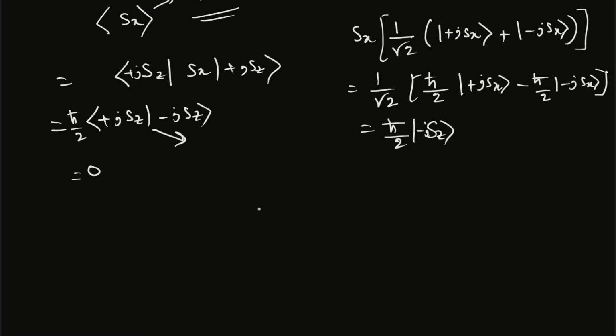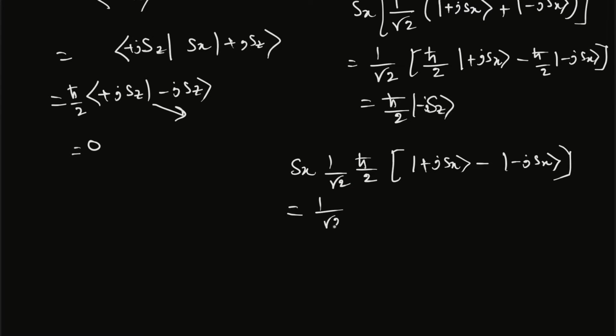Now let us calculate Sx square. If we operate Sx again on this state, we will get 1 by root 2 h cut by 2 plus Sx minus Sx. That will give 1 by root 2 h cut by 2. It will operate on this state and give h cut by 2 plus Sx. This will give minus, and minus plus h cut by 2. There is a minus, and when Sx operates on minus Sx, it will give another minus.